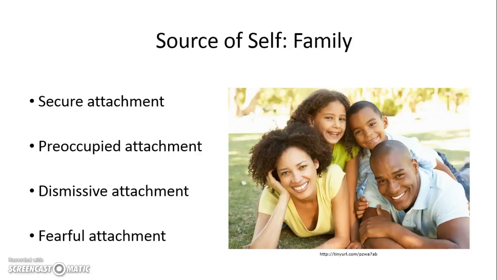Now, if you have a preoccupied attachment, you really want close-knit relationships with others and you seek out intimacy, but you're also afraid of getting rejected. And because you have such high anxiety, it does make it harder to have the strength and the willpower to go out and have those close-knit relationships.